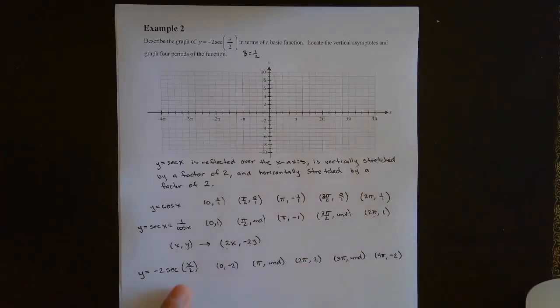So we know this one and this one are going to be vertical asymptotes. And this one's going to be a vertical asymptote too.